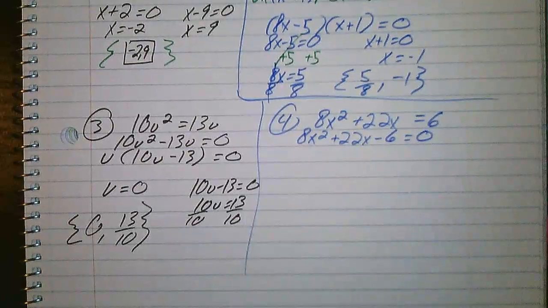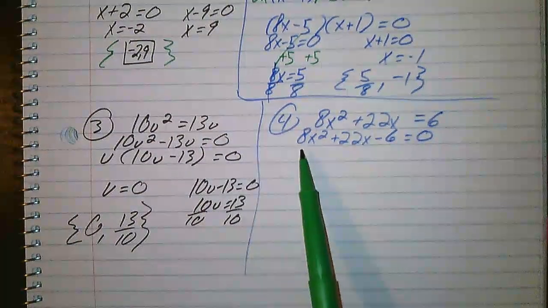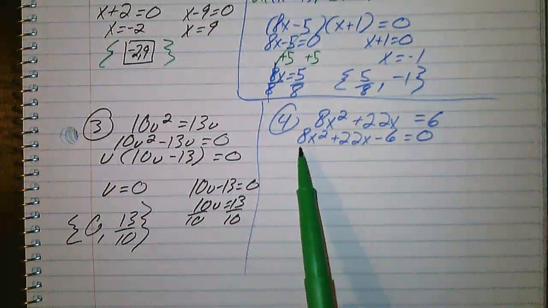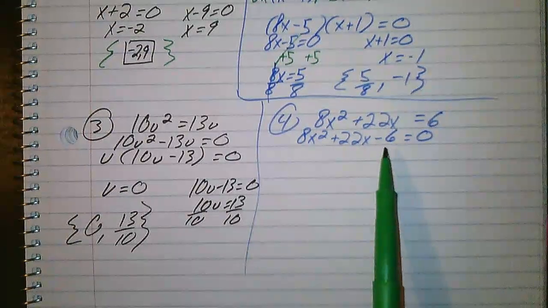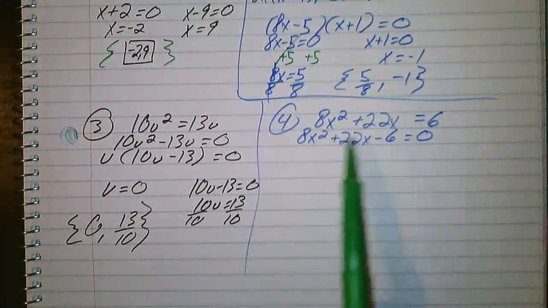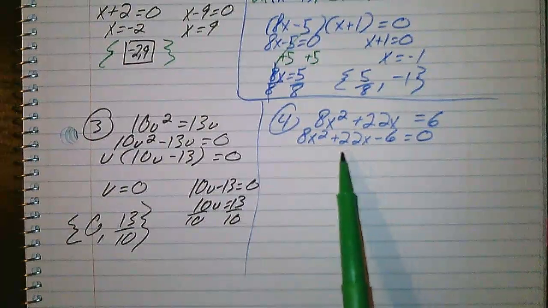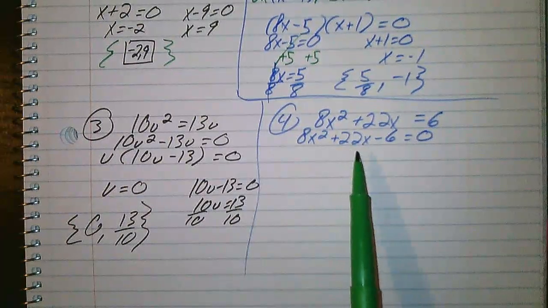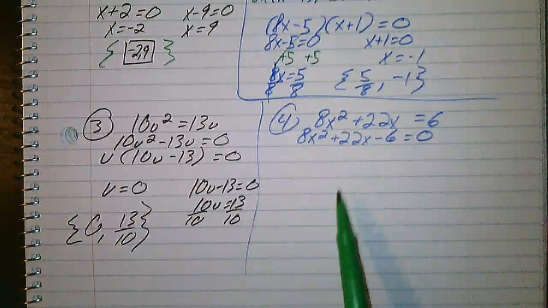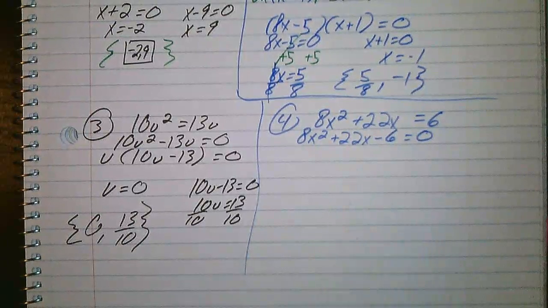So I subtract the 6 from both sides. And now, if you went straight into 8 times negative 6 as your A times C, you would find factors that would combine into 22, and you would be able to do the factor by grouping.